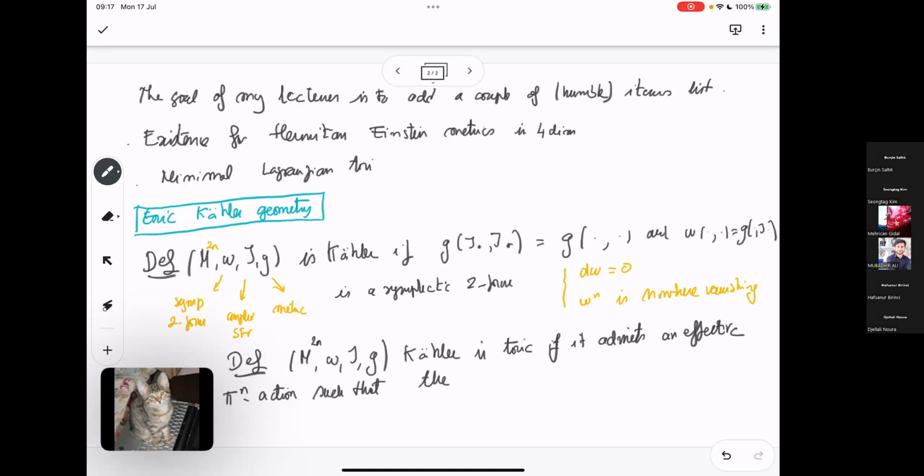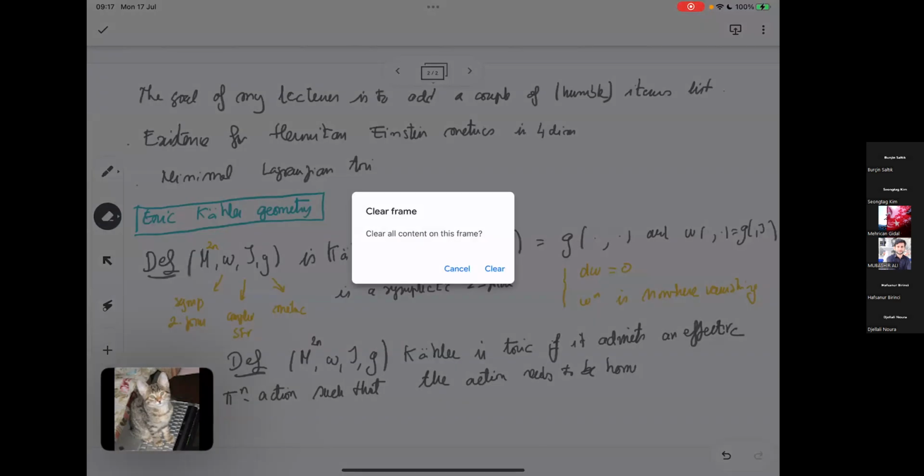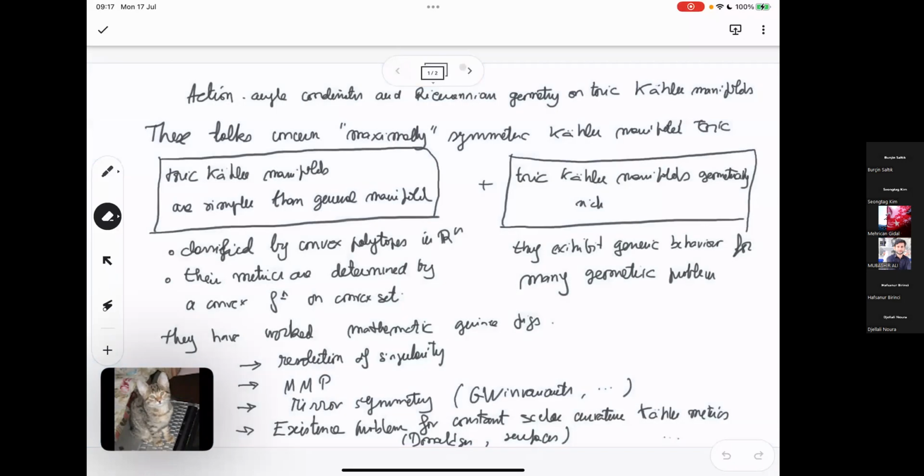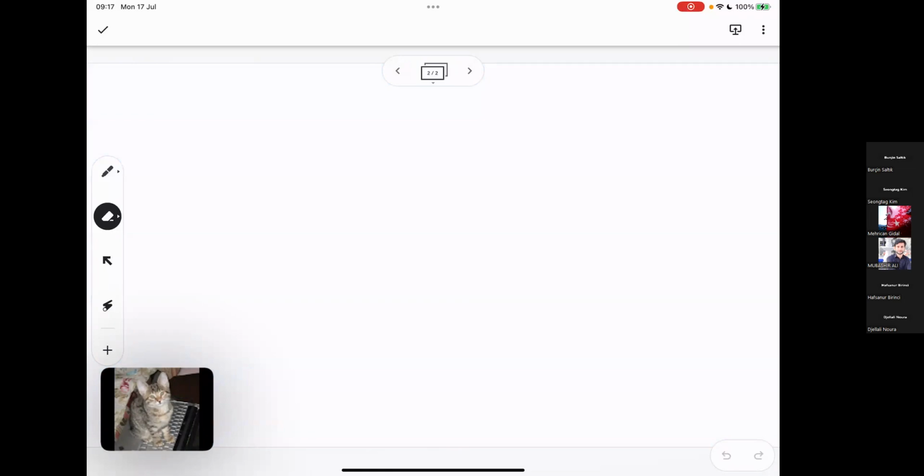So two things. So the action needs to be holomorphic. So each of the diffeo, sorry, I erased my whole frame.